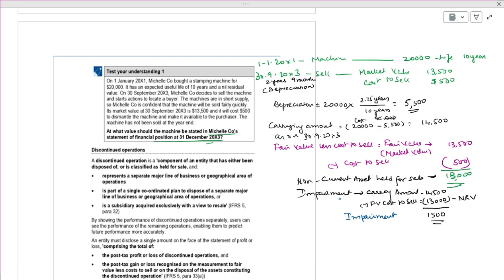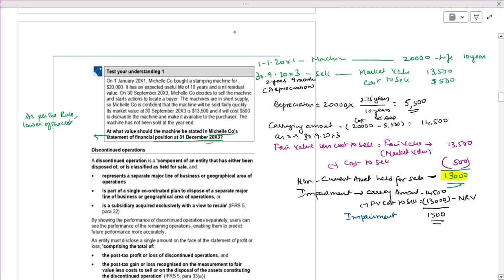Where are we going to show it? The rule says we will show it at 13,000. As per the rule, lower of the cost.